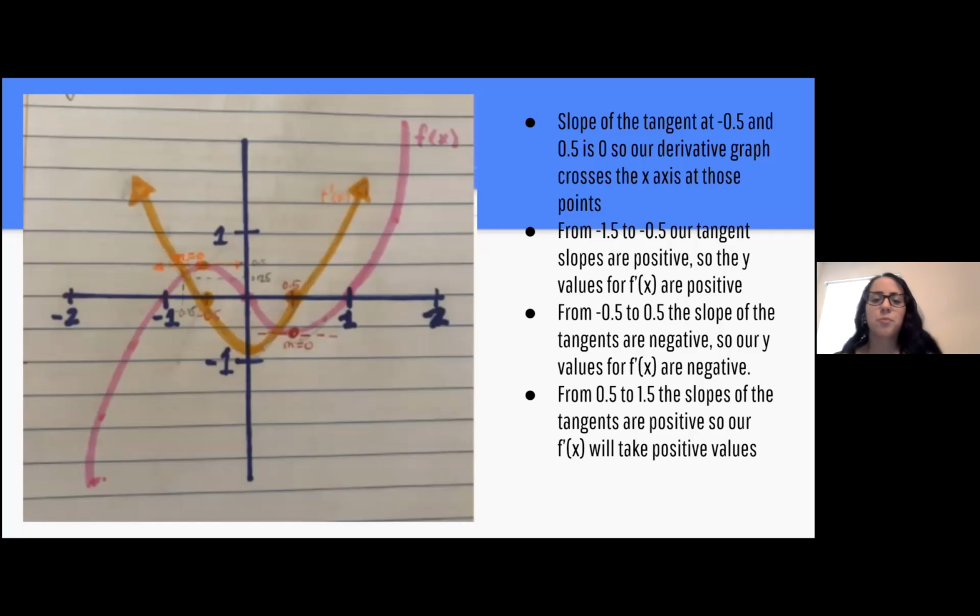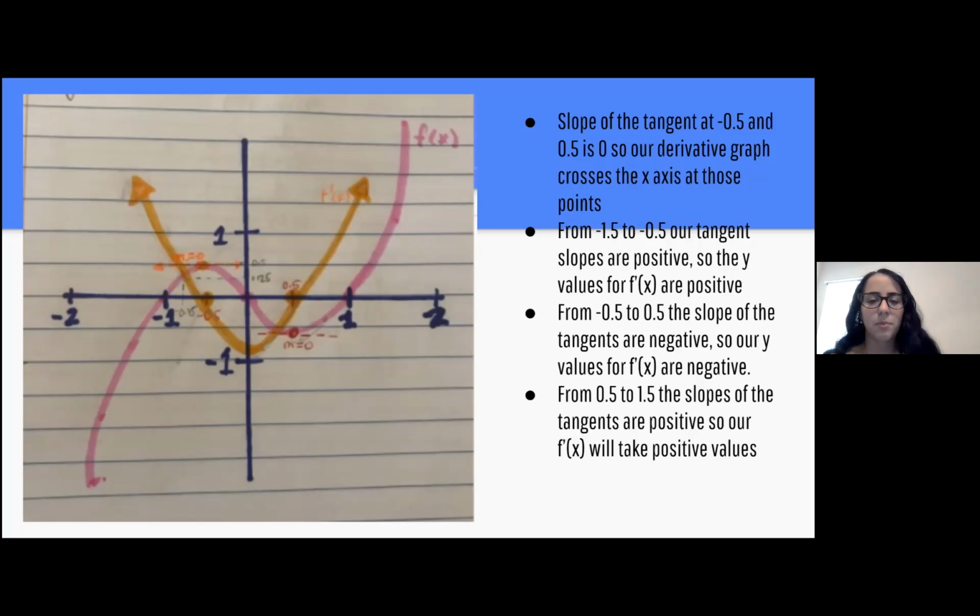From negative 1.5 to negative 0.5, our tangent slopes are positive, so the values of f prime of x are positive, and we can see that in our derivative.